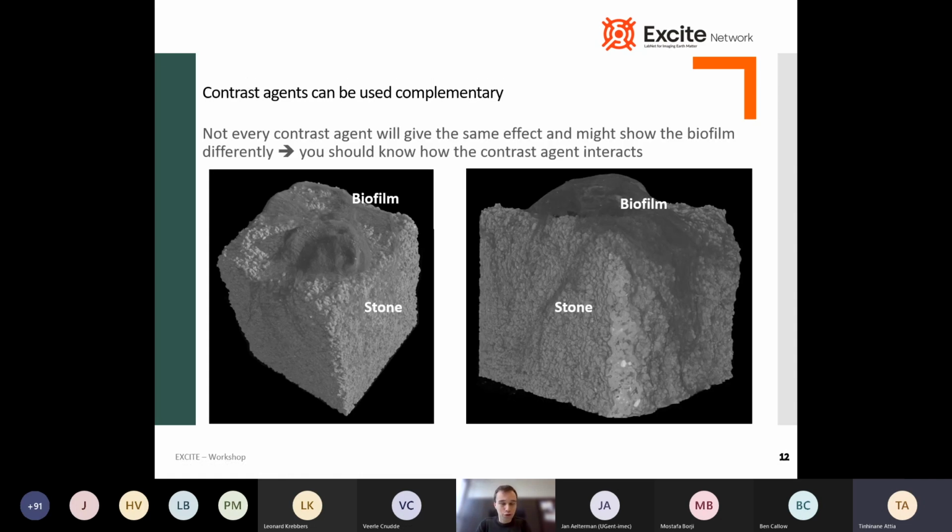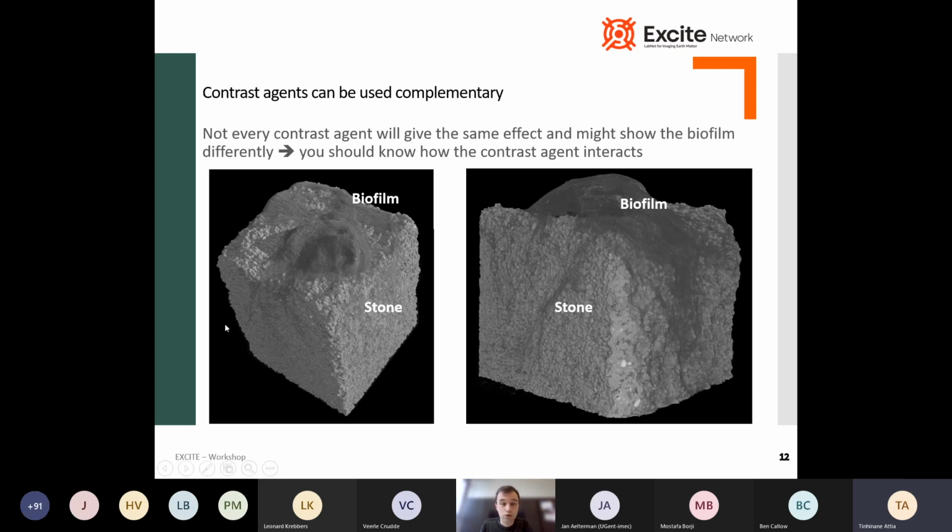What's also important to think about is that not every contrast agent gives the same effects. In my case, some contrast agents show my biofilm differently. That's because the contrast agent does not necessarily bind to the same feature of the biofilm. This was shown in this example, where I imaged cyanobacteria covering a stone.